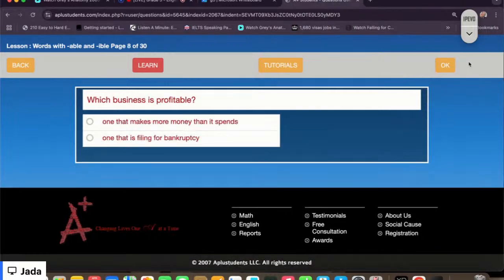Which business is profitable? One that makes more money than it spends, or one that is filing for bankruptcy?